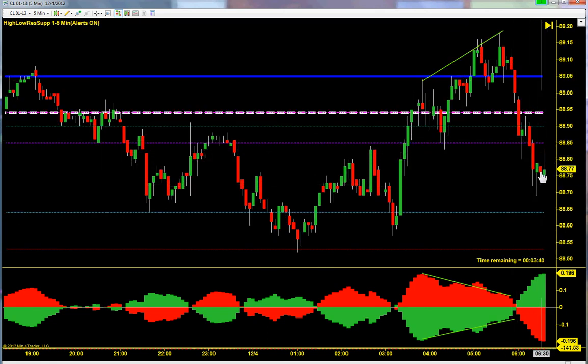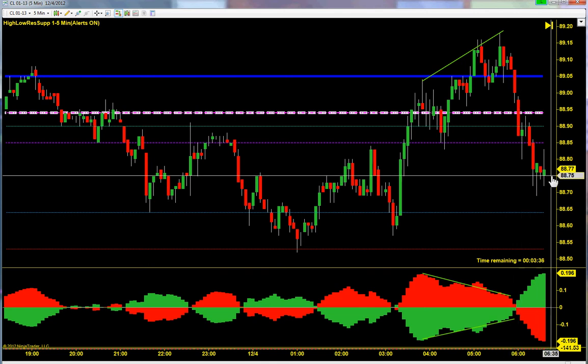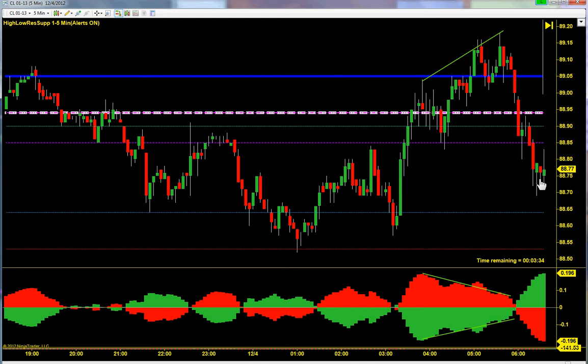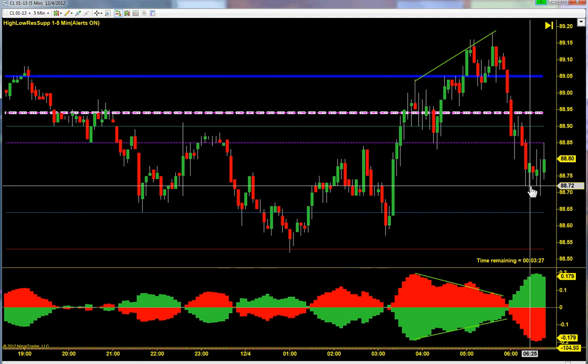It's 6:30, 35 now. So I'm sitting in front of the computer about 6:30 or 6:40, then start taking trades if there is one by 7 o'clock.